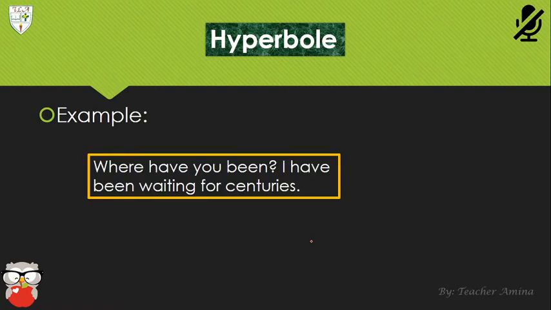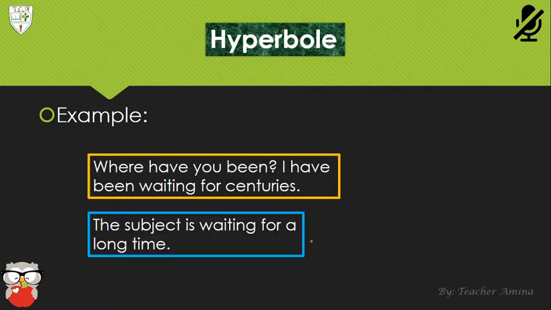Another example, where have you been? I have been waiting for centuries. Okay, the subject is waiting for a long time. The meaning of this sentence is that the subject is waiting for a long time.